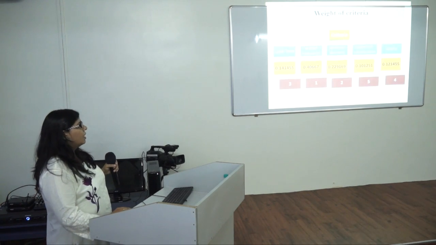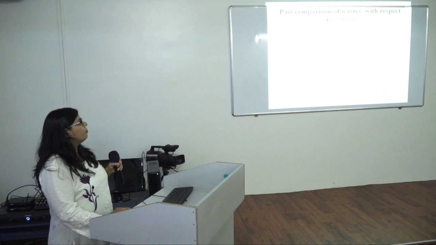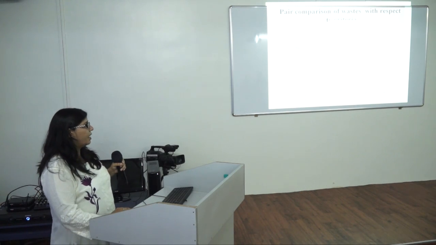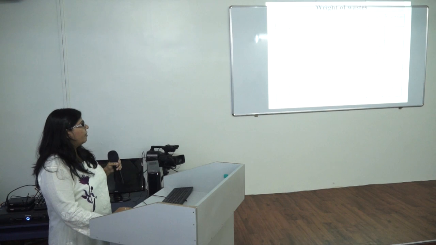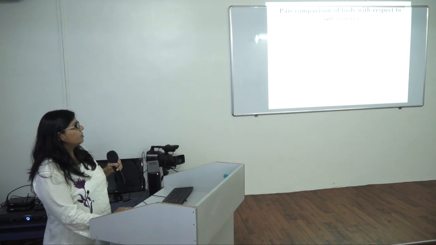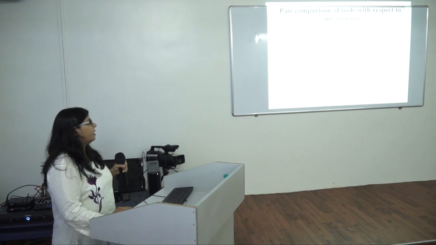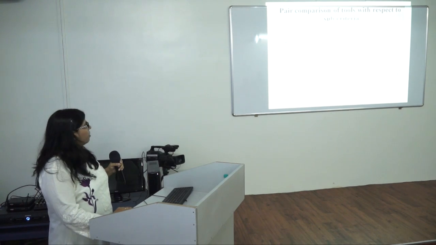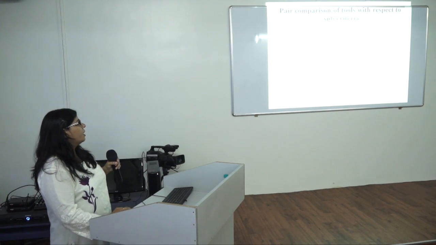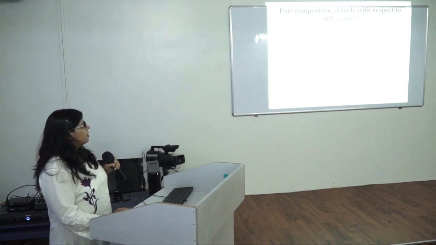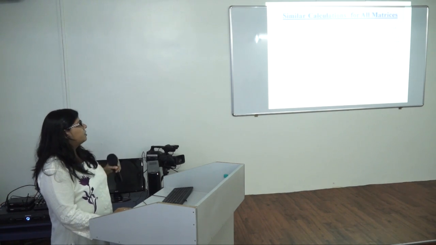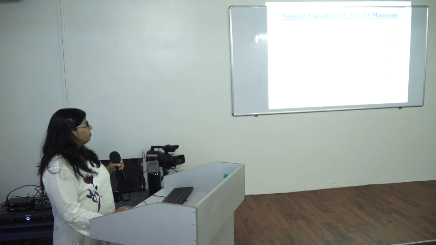Then the SEM method I follow for the comparison of weights with respect to criteria, and these are the final weights, and then the pairwise comparison of tools with respect to sub criteria. Based on sub criteria, we compare the tools with respect to their sub criteria, and these are the calculations.